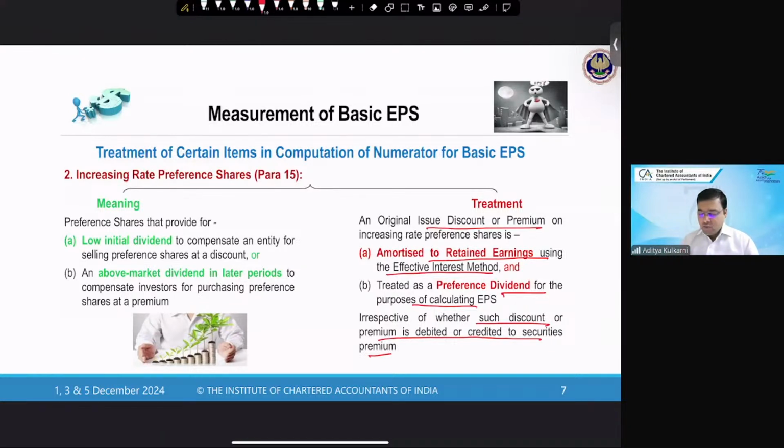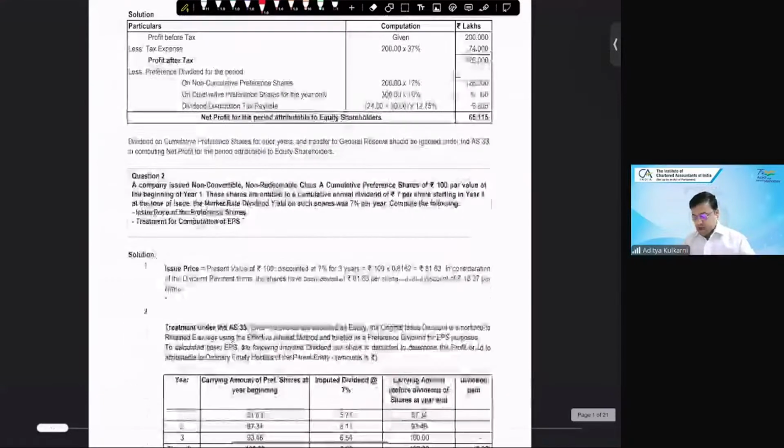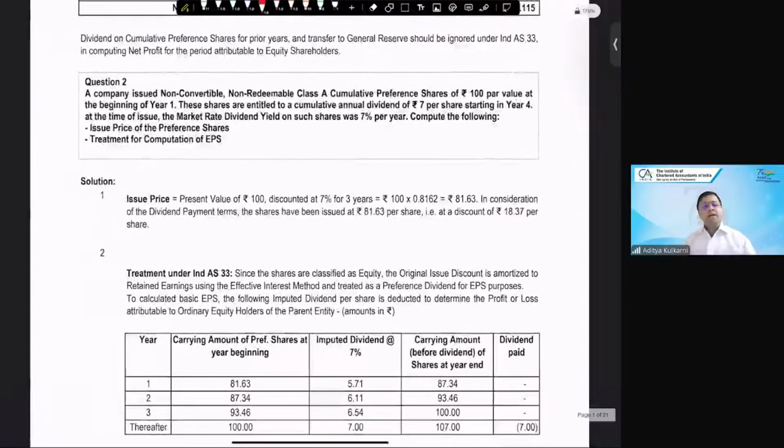So let us look at one question. You will understand it better how this particular factor gets considered in my EPS. This question is a part of the Ind AS 33 illustrations. So from there it's picked up. So let us continue with that.